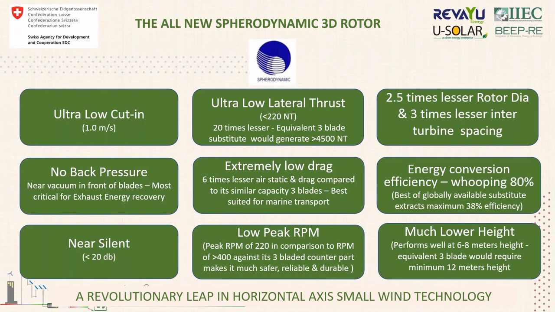Since it self controls its peak RPM, all the components are much less susceptible to damage during extreme windy conditions in comparison to the ones where the RPM goes to 400 and above. And because of its lesser size, it can be installed at relatively lesser height.